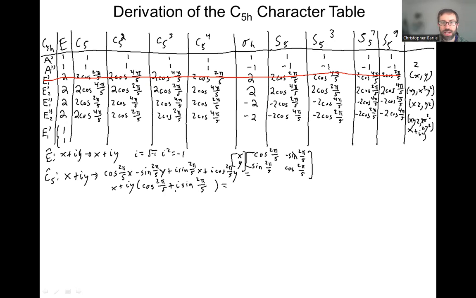So that gets a negative sign in front of this. So you get minus sine 2 pi over 5 y. And then i sine 2 pi over 5 times x, that's this term. And i cosine 2 pi over 5 y, that's this term multiplied by that term. So that works.